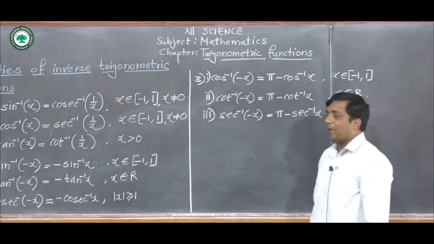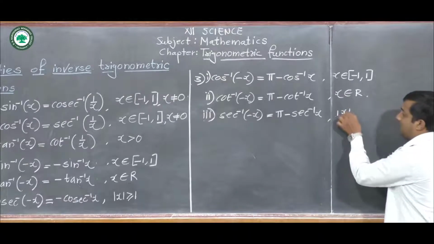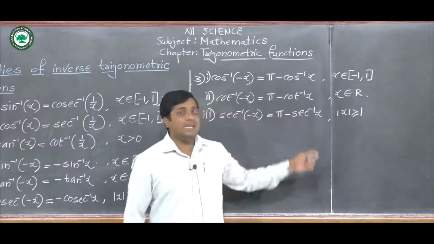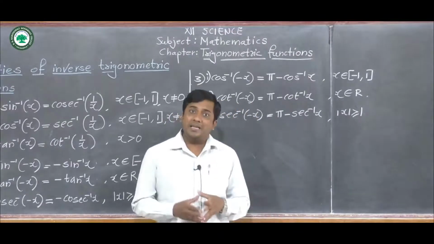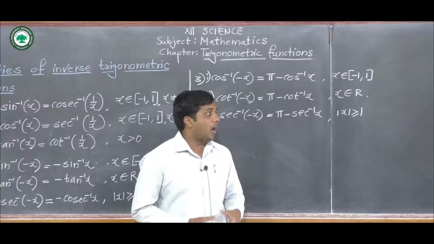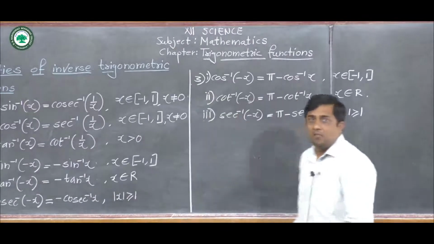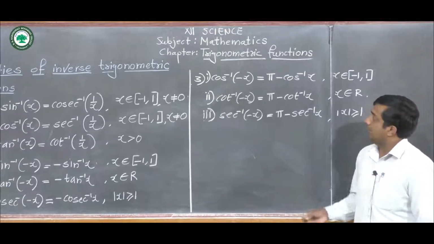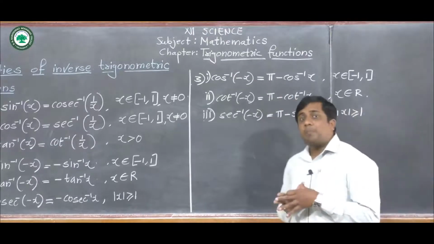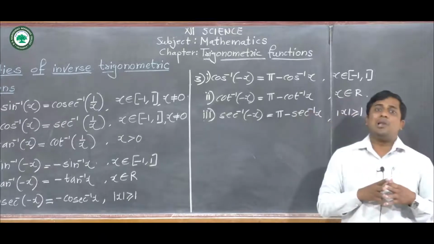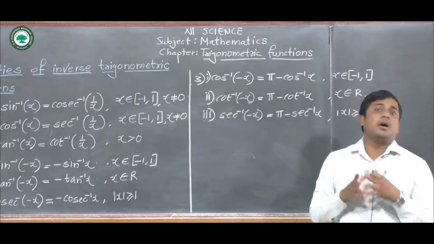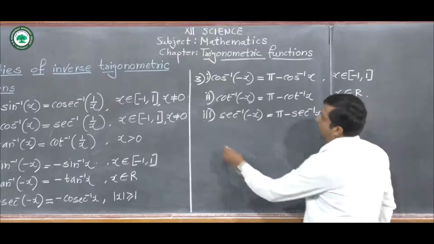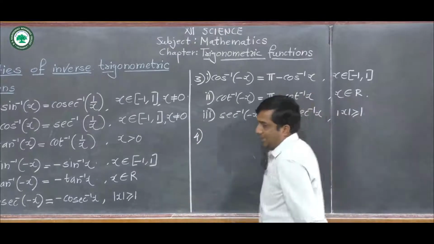Again, mod of x is greater than or equal to 1, that is x is less than minus 1 or x is greater than 1. So we define this third property again by using the principal value branch of the given inverse trigonometric functions.